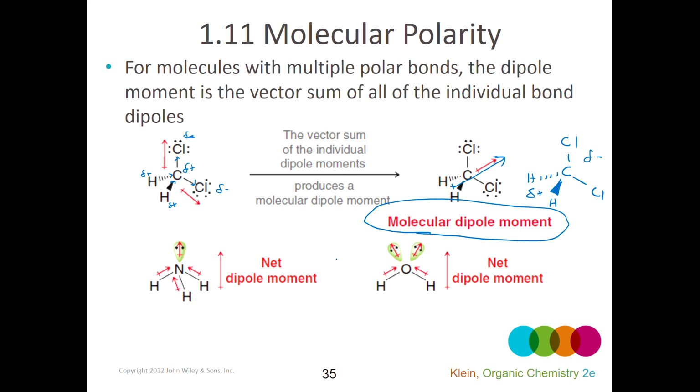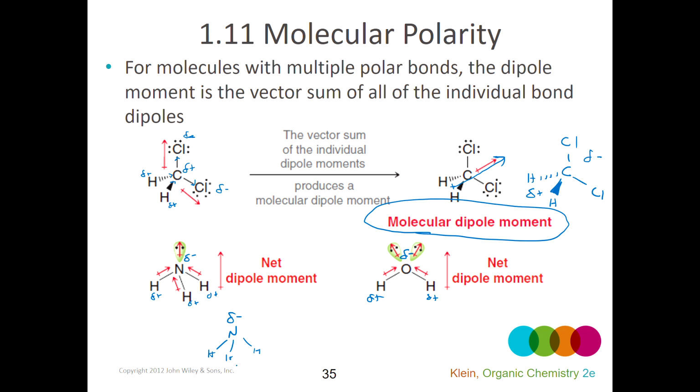Looking at these structures down here, the nitrogen is more electronegative than hydrogen, so each one of these would carry a little bit of a partial positive and a partial negative. Oxygen is much more electronegative than hydrogen, so very large partial negative, partial positives. But if I want to show the overall net dipole on the structure, I've got to find the average position of negative, which is definitely on the nitrogen since that's the only area of negative here.